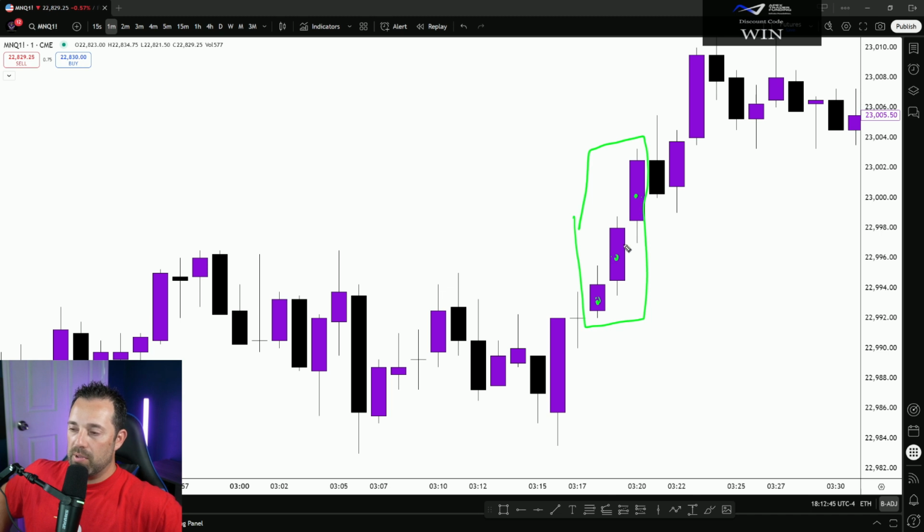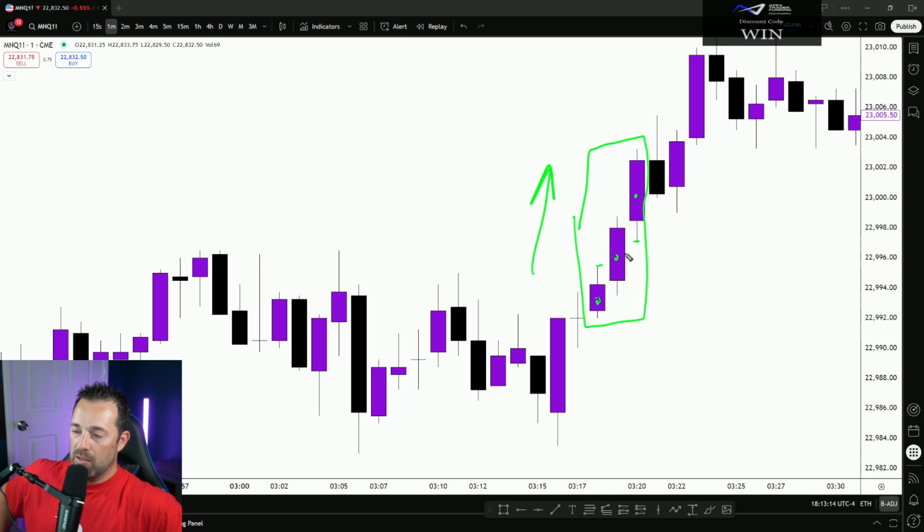a fair value gap is going to be when you have a gap between the highest point, if the candles are going up. In this example, the candles are going up. My purple candles are up bars. So if you have a gap between the highest point of bar 1, which is the wick here, there's the highest point right there, and then the lowest point of bar 3, here's the lowest point right here.